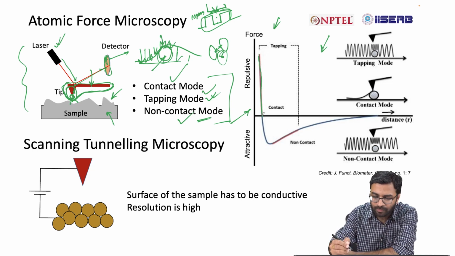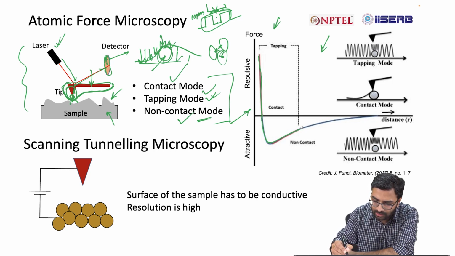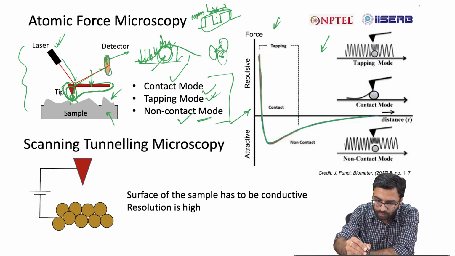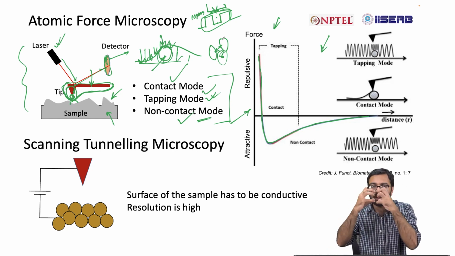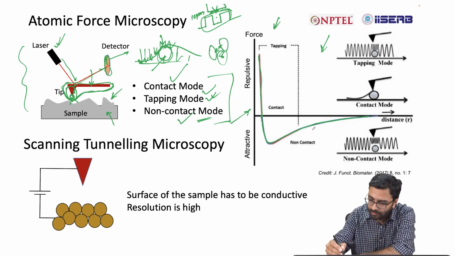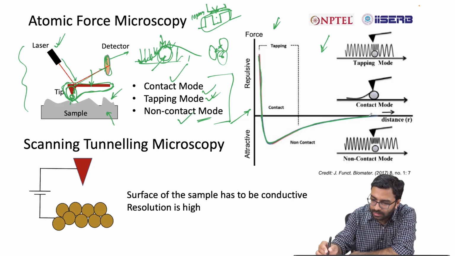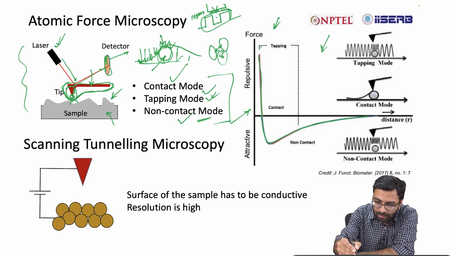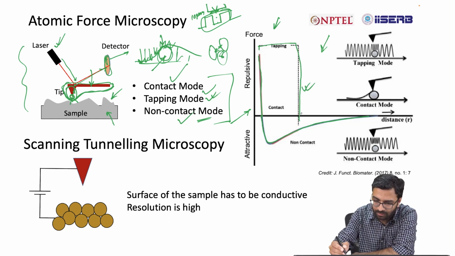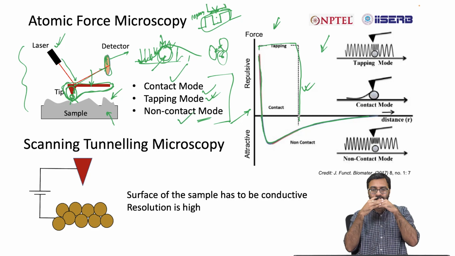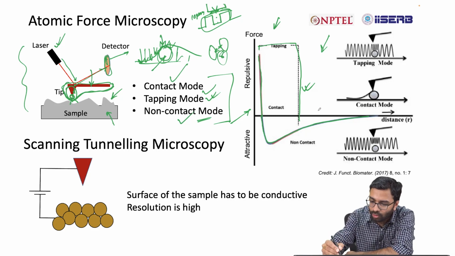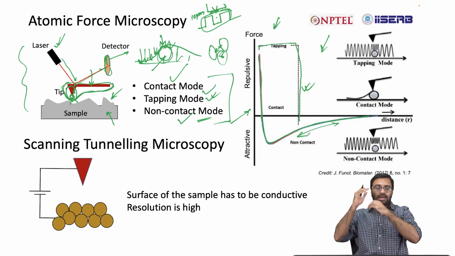Then beyond a certain distance, there will be a sort of attraction, and then as we keep those particles away from each other, the attractive force will keep on reducing. Now the tapping and contact mode actually take place in the region where the repulsive force is there, and the non-contact mode is usually in this area where there is a sort of attraction force.